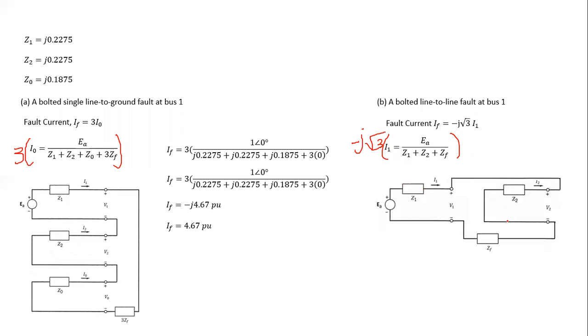And this is the sequence network for a line-to-line fault. Substituting the values of Z1, Z2, and ZF, where ZF is 0, the line-to-line fault current is negative j 3.81 per unit, or the magnitude for the line-to-line fault is 3.81 per unit.